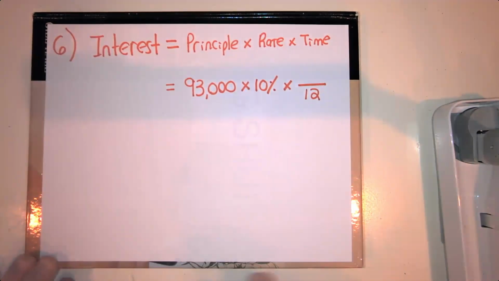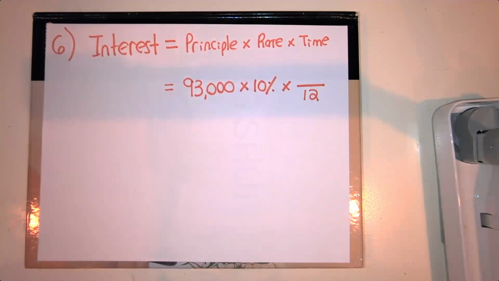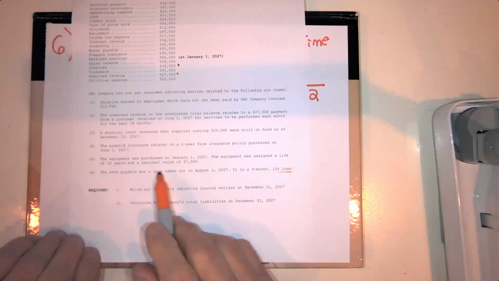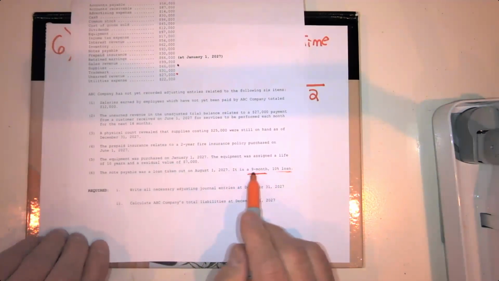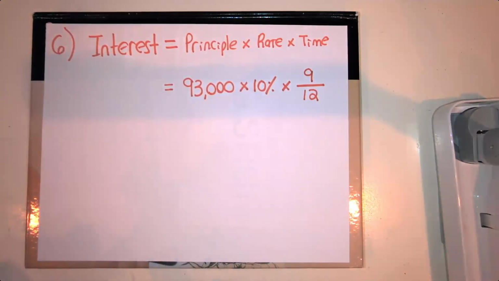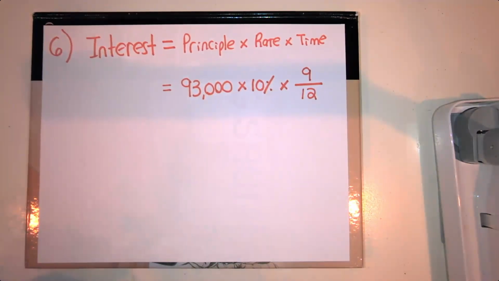By dividing by 12, we adjust it to a monthly rate. And then back here in number 6, it said it was a 9-month loan. So 9/12. All right, new volunteer. Where is my mistake?